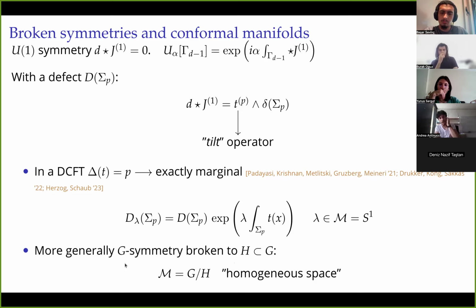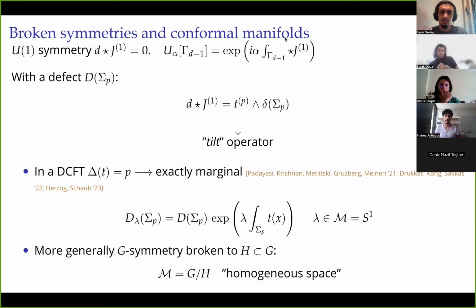Just to give you a slightly different perspective of why you should expect this to be exactly marginal. This is just pictorial, but whenever you have a continuous symmetry, you can construct the following topological operator by integrating the current over a codimension one submanifold.